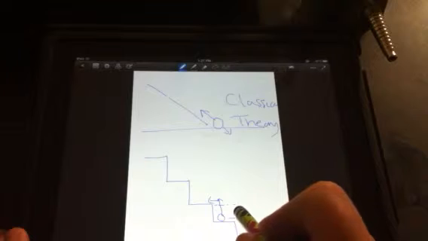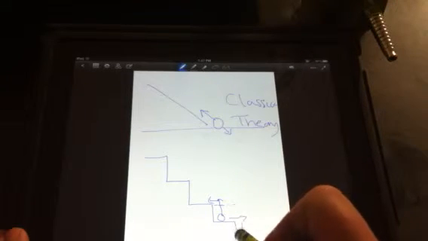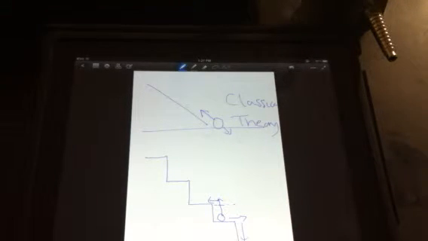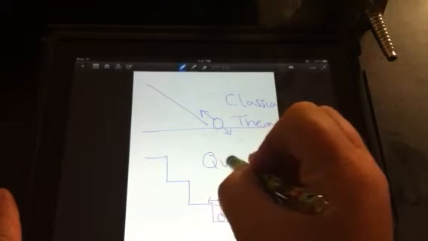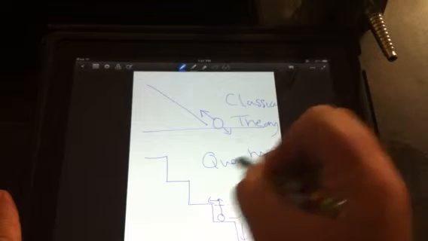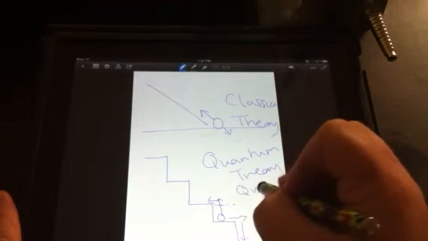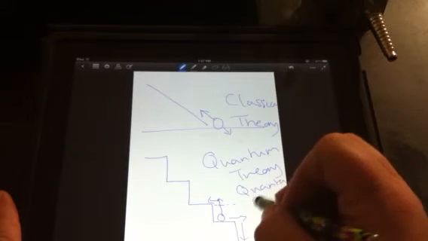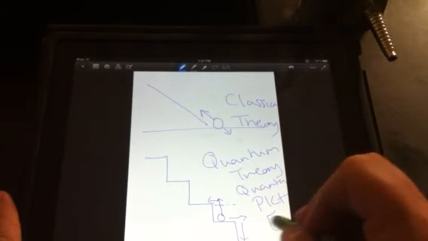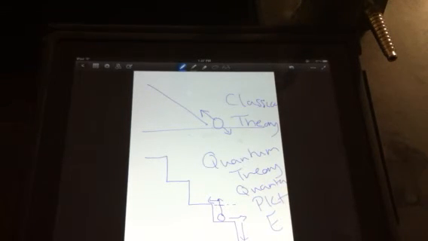The only way he gets to go down is he has to lose enough energy to go to the next level. So, this is quantum theory. And quanta refers to packets of energy. Packets of energy. Okay, I'm going to leave you there.